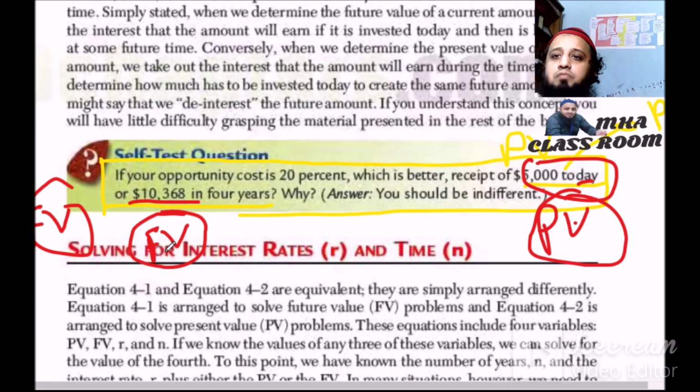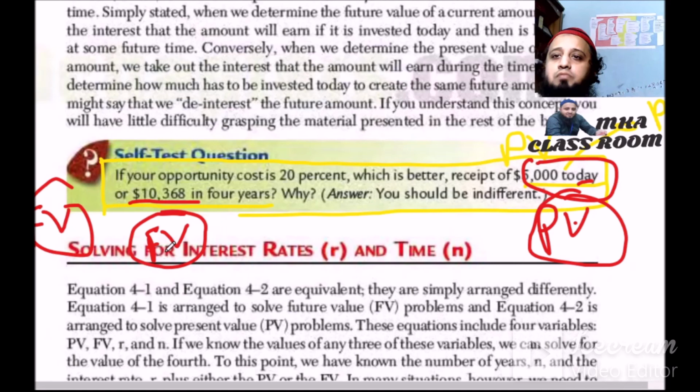So, we see 5,000 taka in our hand, then 1, 2, 3, 4. Then we will calculate the value at the end of 4 years. Our rate of interest is 20%.